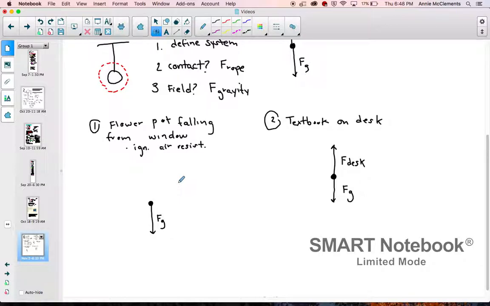Another convention about these free body diagrams: once you identify your forces and what direction they're going, you want to define what direction is positive or negative. Make a note. Unlike with motion, where we generally said up was positive and down was negative, with forces you want to say that the positive direction follows the greatest force.